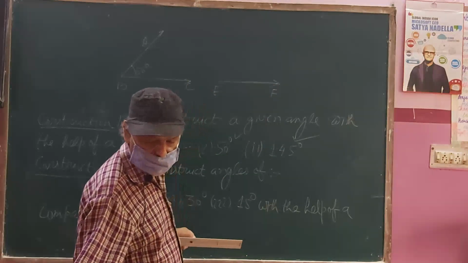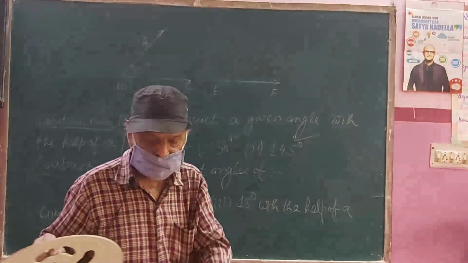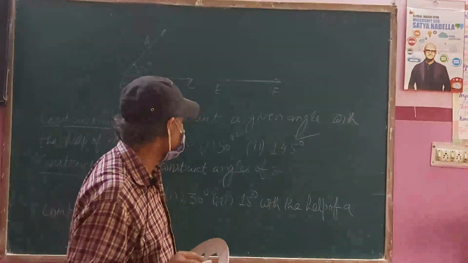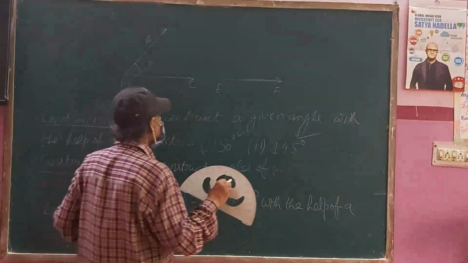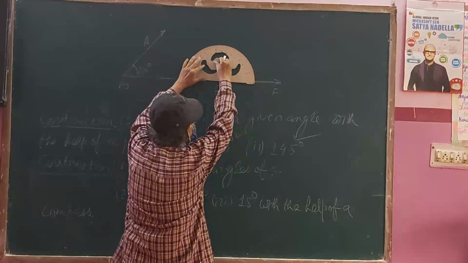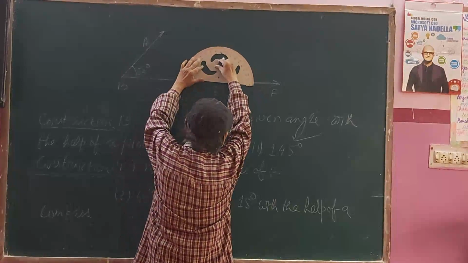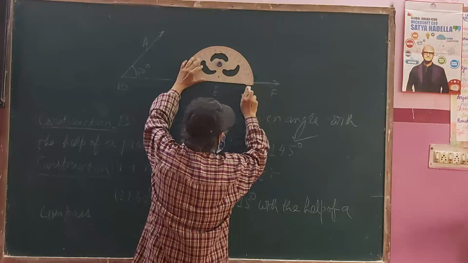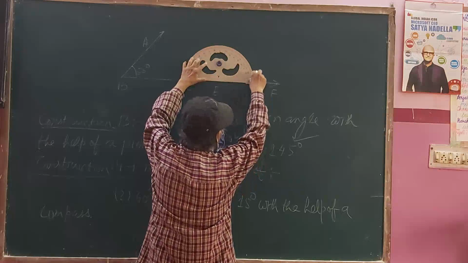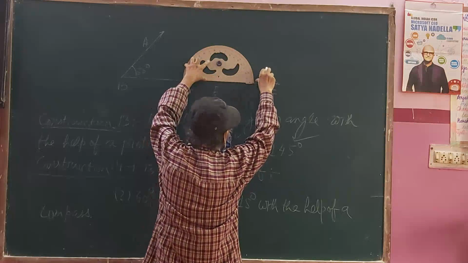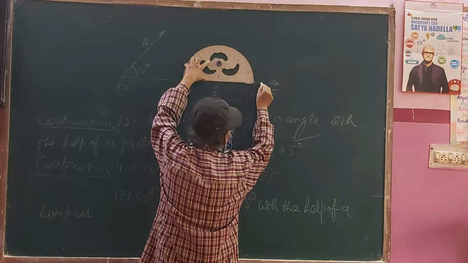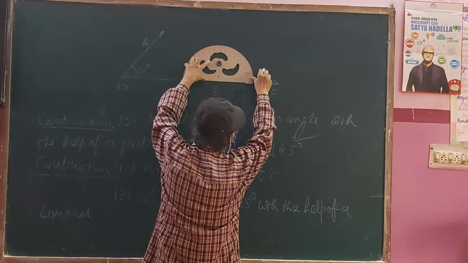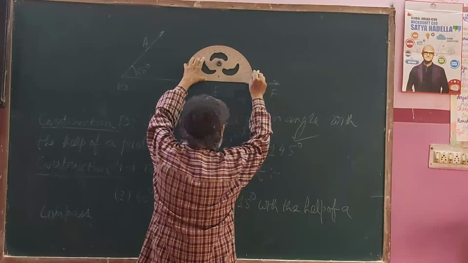You well know this is an obtuse angle, more than 90. An obtuse angle lies between 90 and 180. So keep your arrow mark just at the top of E, aligning with E. Yes, 180 has aligned with E.